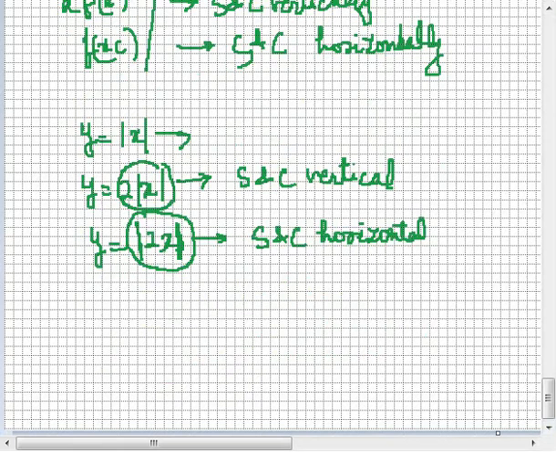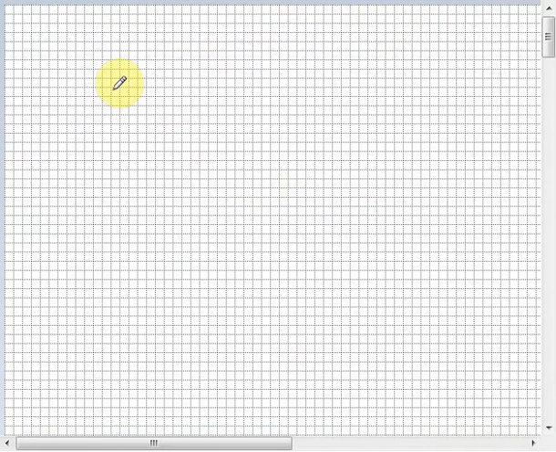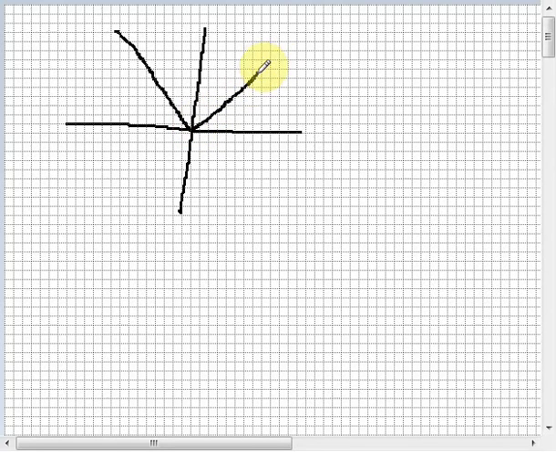I will explain. Suppose this is the graph of the function mod x. The mod 2x graph will be like this.